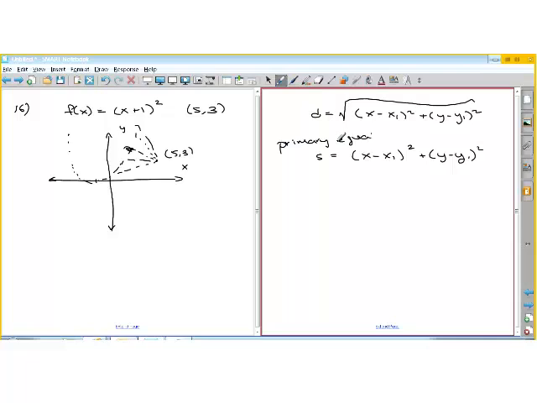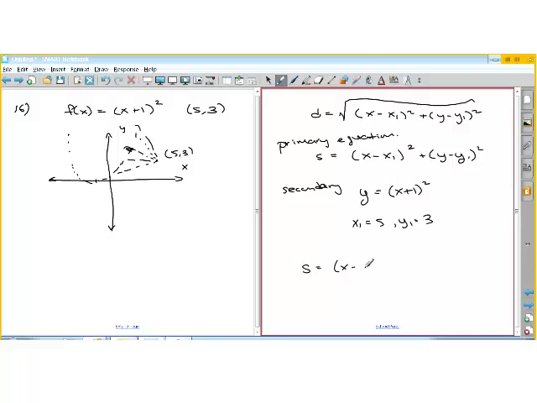So this is my primary equation. And we need a secondary equation to rewrite the primary equation in terms of one variable. So the secondary equation is y is equal to x plus 1 squared. Also, we have x1 is equal to 5 and y1 is equal to 3. So let's make both of those substitutions into that equation.